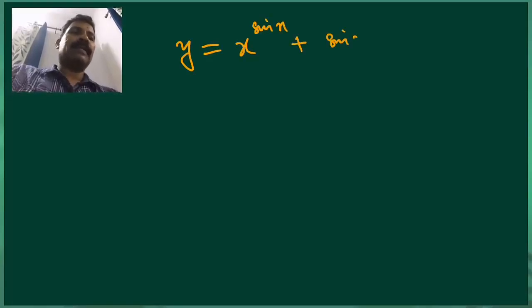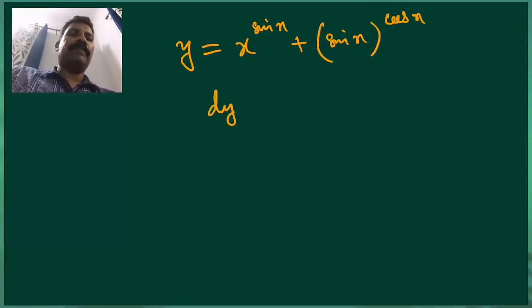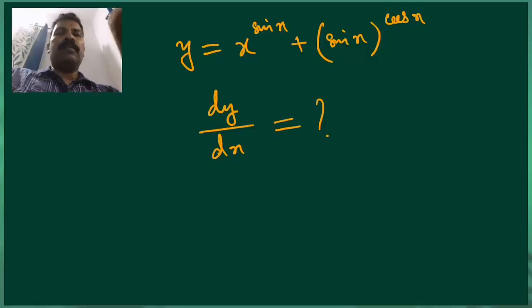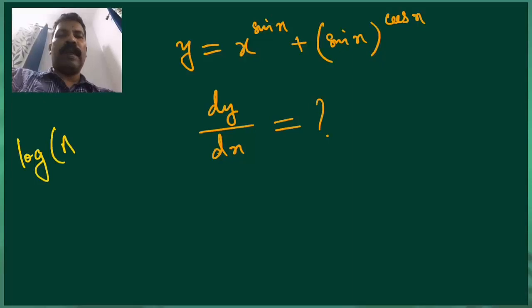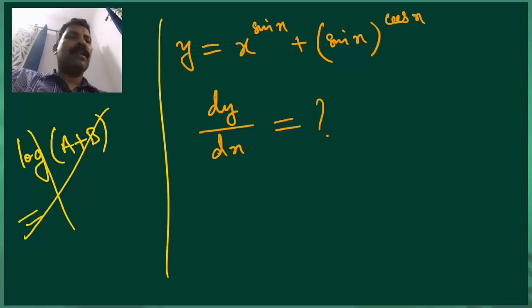If we are given y equals say x raised to sin x plus sin x raised to cos x, then how to find dy by dx? So don't take log directly, because there is no formula for log of a plus b, we can't write it as log a plus log b or something, so we can't do anything there.